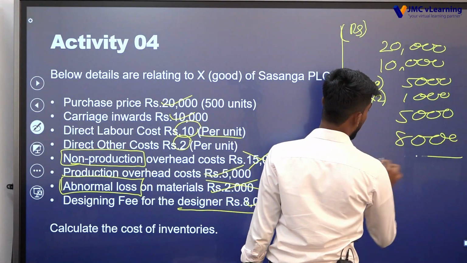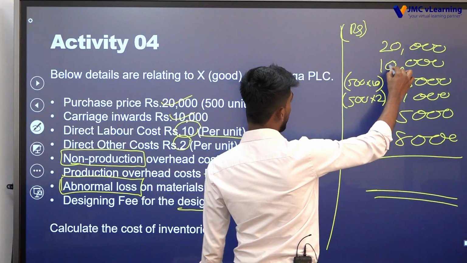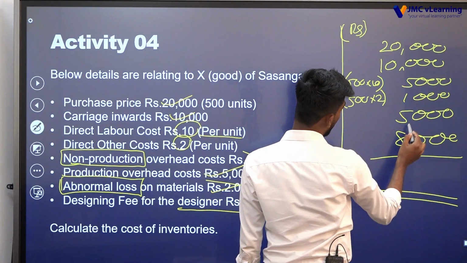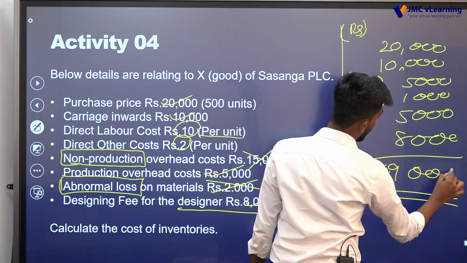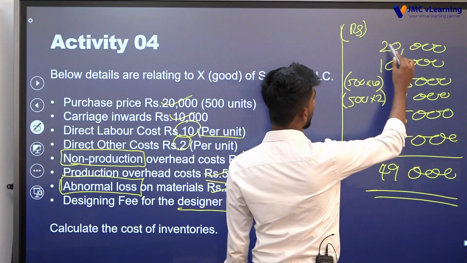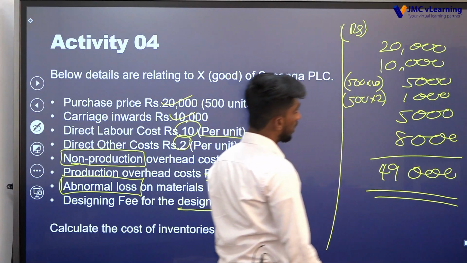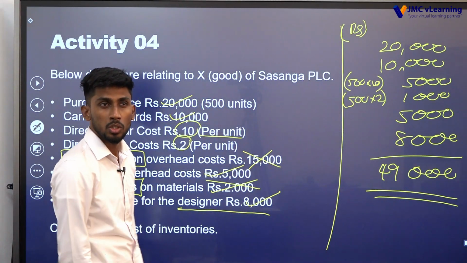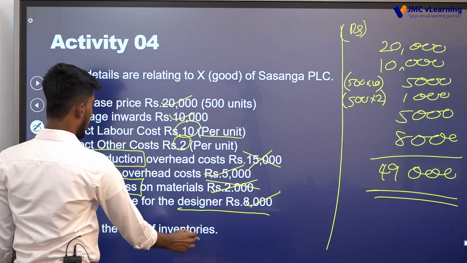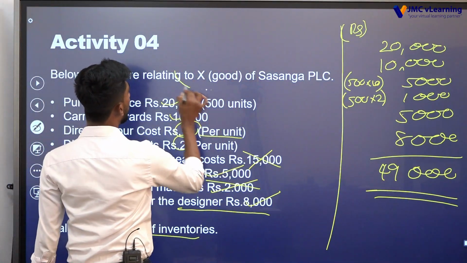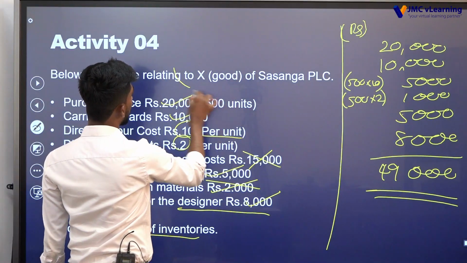So let's take the total: 20 plus 10, 30, 35, 36, 41, 49. Yes, it's 49,000. So 49,000 is the cost of X good.